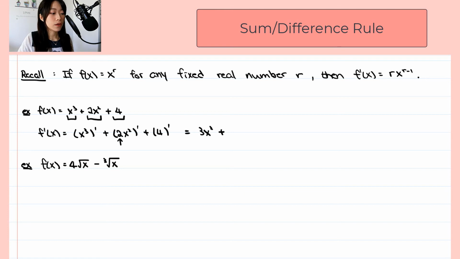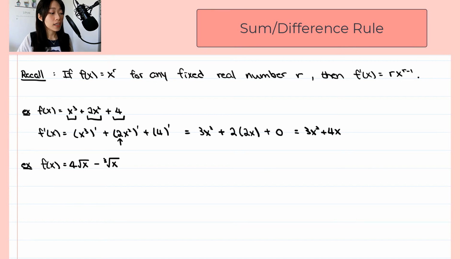So here this equals 2 times the derivative of x squared, which equals 2x, plus the derivative of 4. And the derivative of a constant equals 0, and that is called the constant function rule. So the third term equals 0. So the derivative of f of x is 3x squared plus 4x.